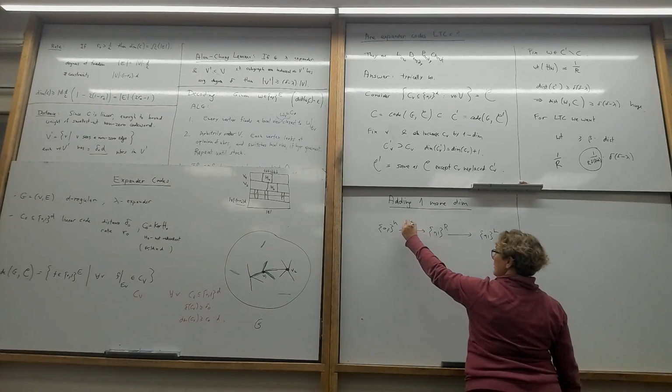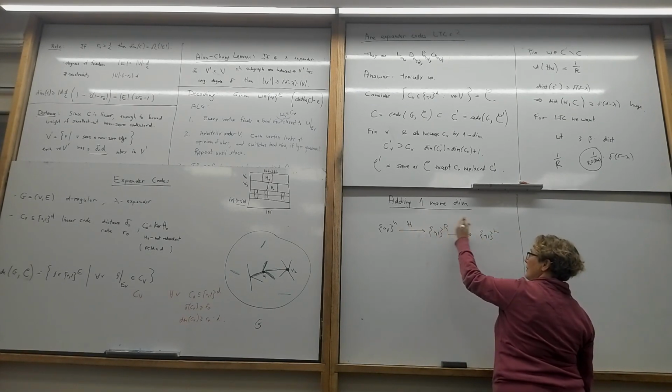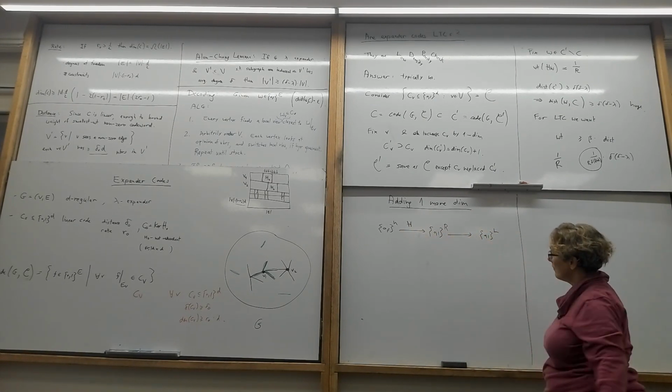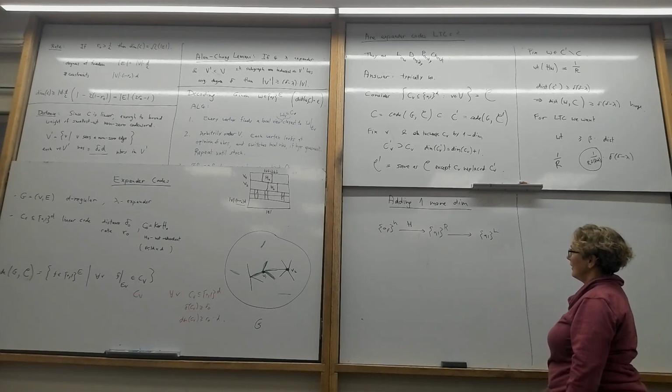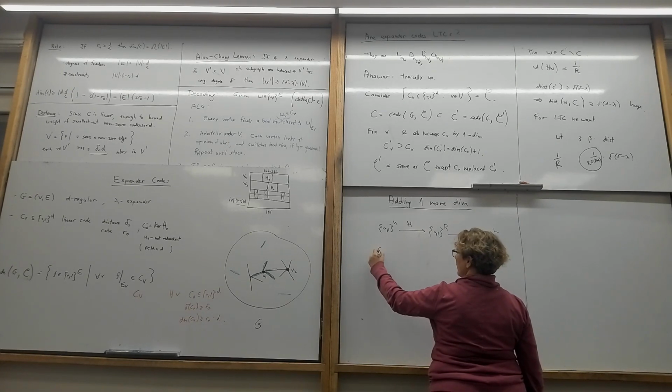So basically you have a parity check here, and then there's another arrow that shows there's some more redundancy among the constraints. And in the expander code, what we had is 0,1 to the x1.